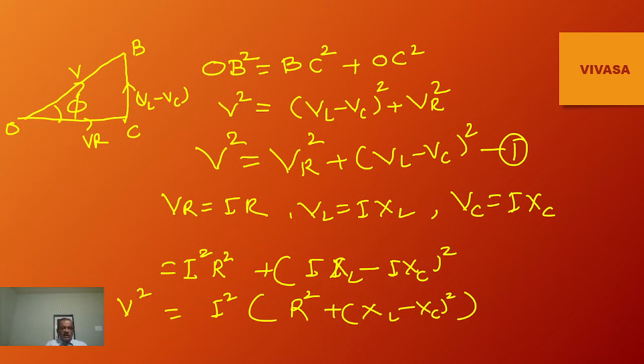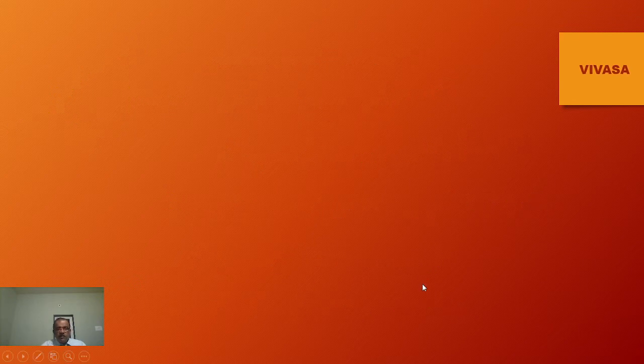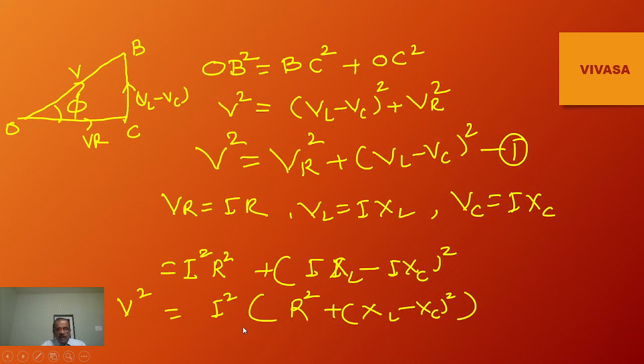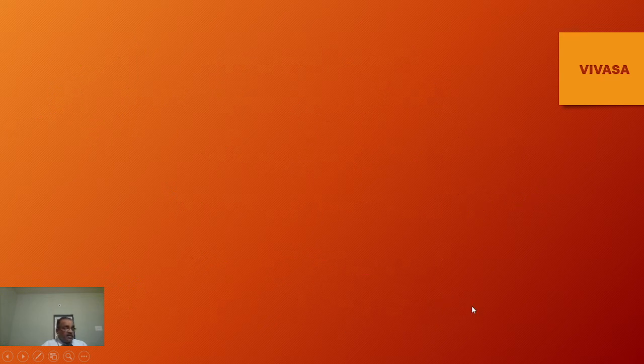Now when all these values are substituted, what happens here? Simply, the I is common. V is equal to I into R, so V square is equal to I square R square.